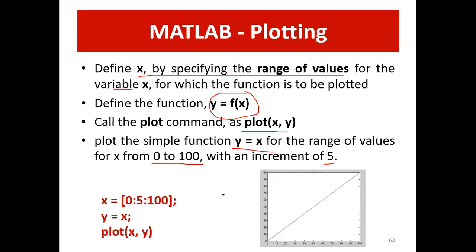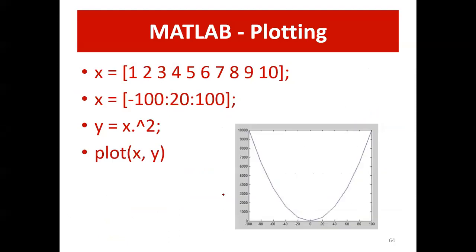Then we can do another plot. If the equation is y equals x power 2, what is the value of x? X ranges from 1 to 10, and the y-axis values go from minus 100 to plus 100, incremented by 20.